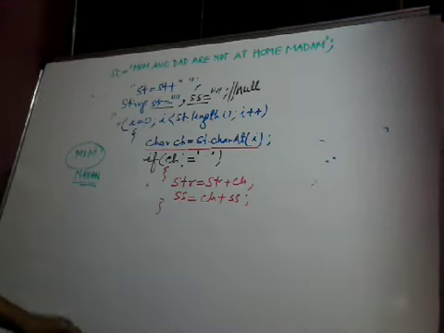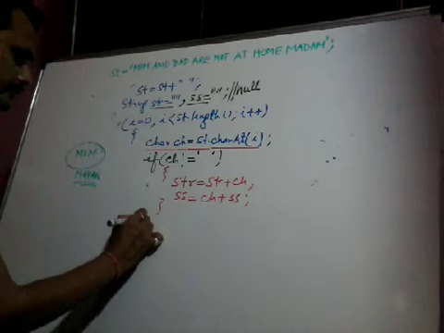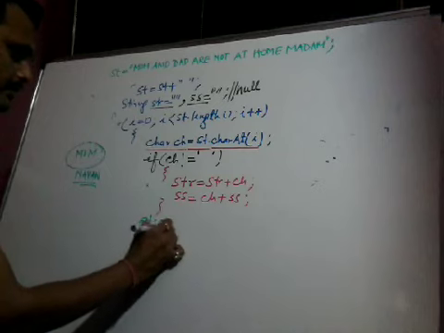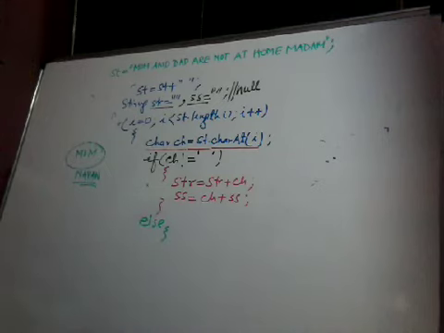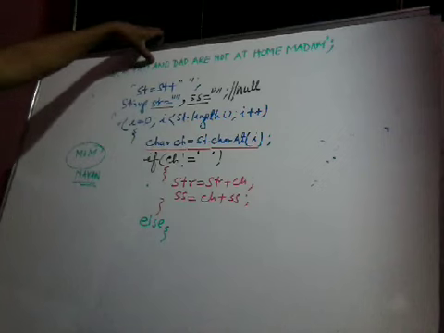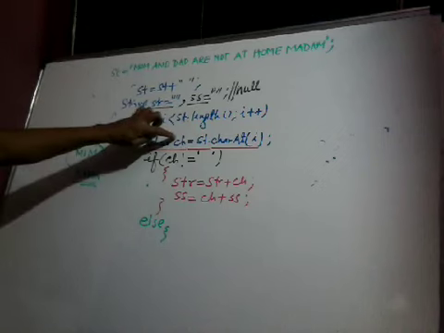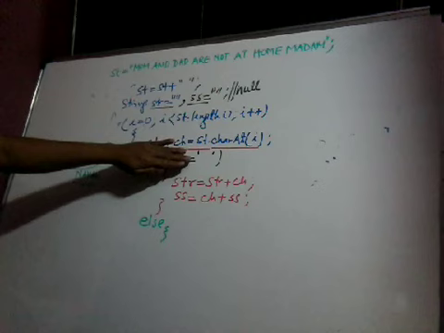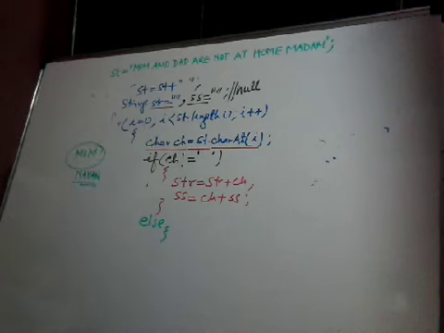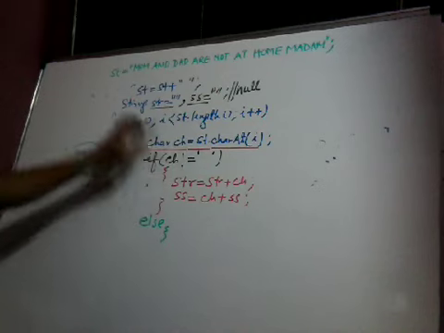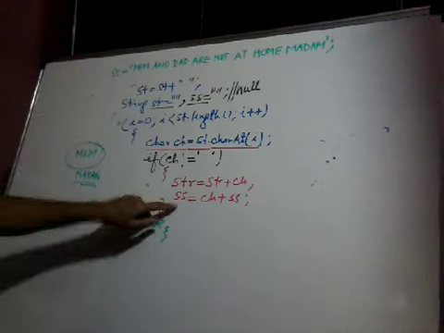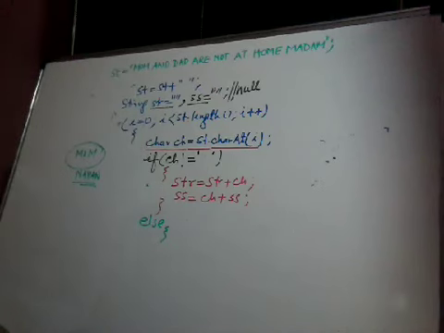When does the condition become false? Whenever we get space, the value of ch will be space. Condition becomes false, it goes to the else part. The value of str will be mom and the value of ss will again be mom.